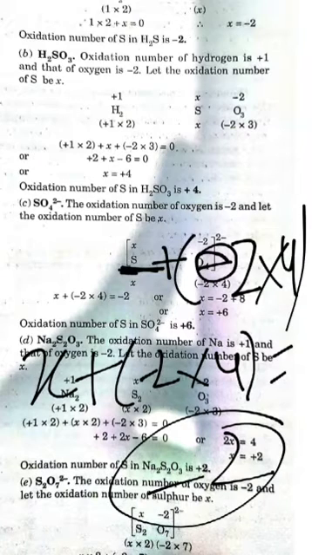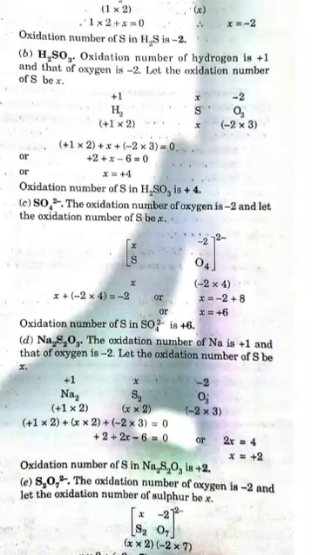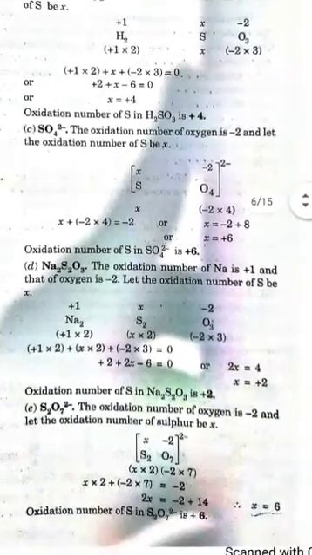Where did this -2 come from? If there is a number written in power, you will write it on the right hand side. Now solve this, you will get +6. This is your oxidation number or state of sulfur in SO4 2 negative. It is sulfate ion.